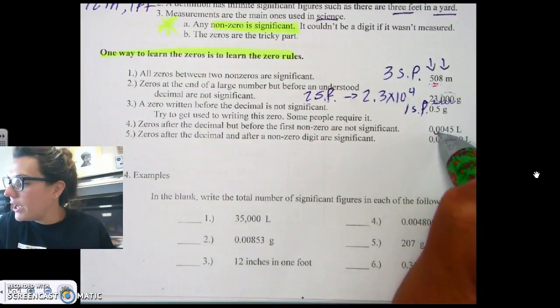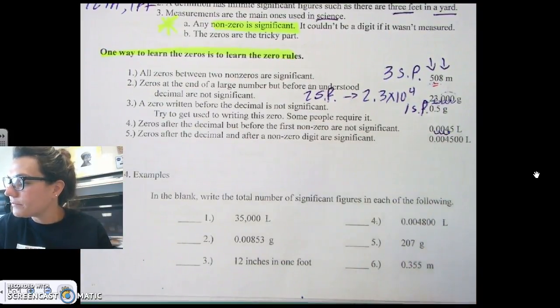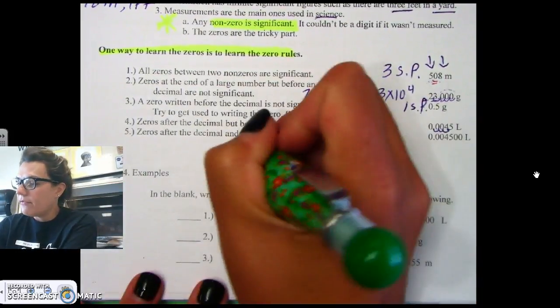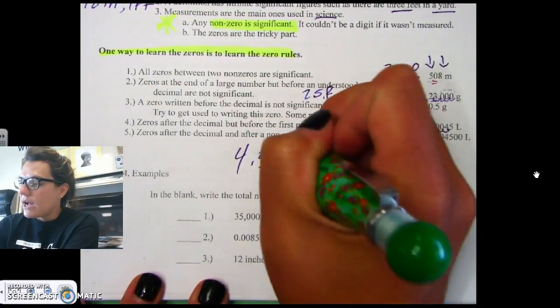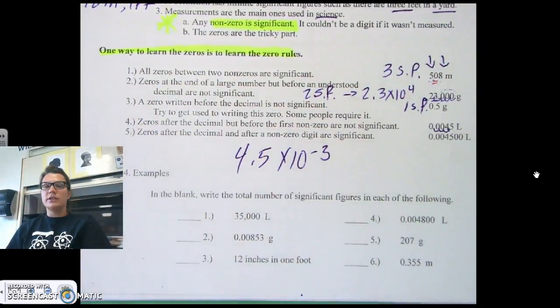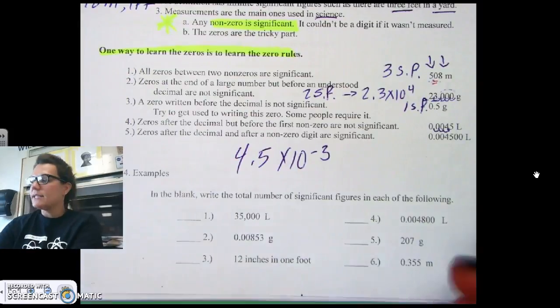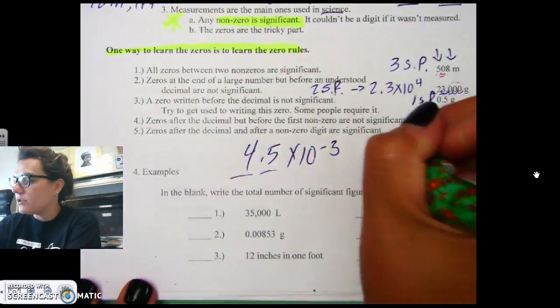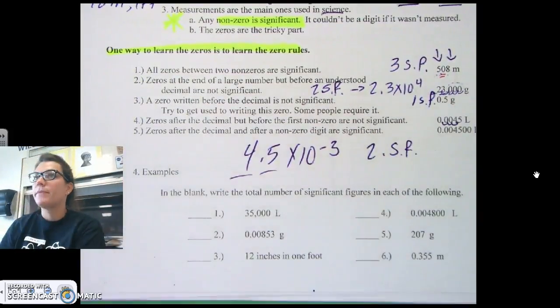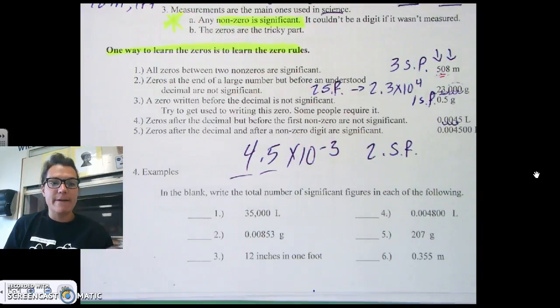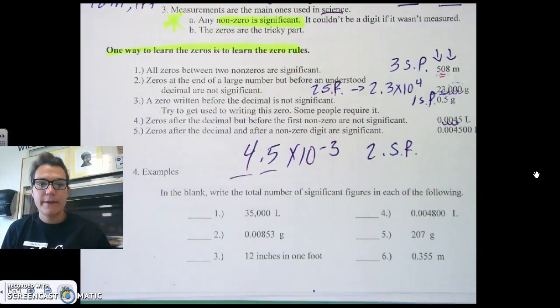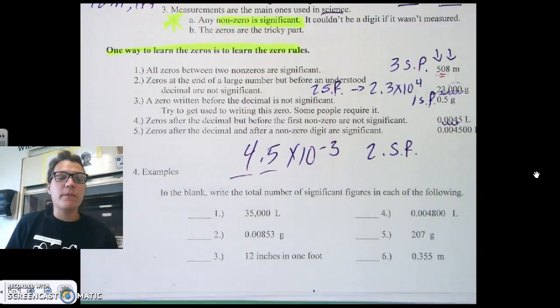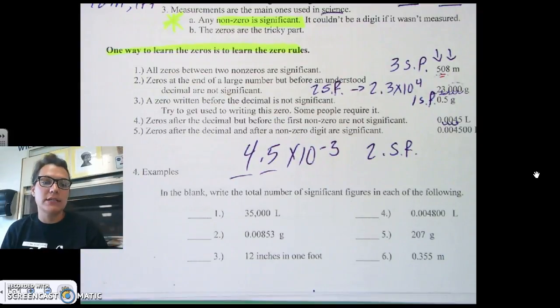I'd go 1, 2, 3. So this number would be 4.5 times 10 to the negative third, because it's a small number. And since those zeros are no longer there, this value will only have 2 significant figures. Okay, so 2 sig figs here on that number. The 4 and the 5. Okay, so zeros after the decimal, but before the first non-zero are not significant.